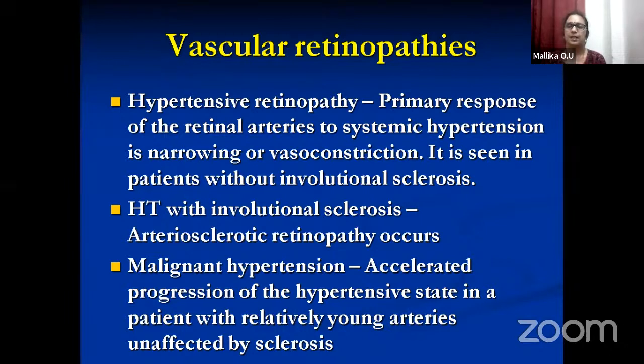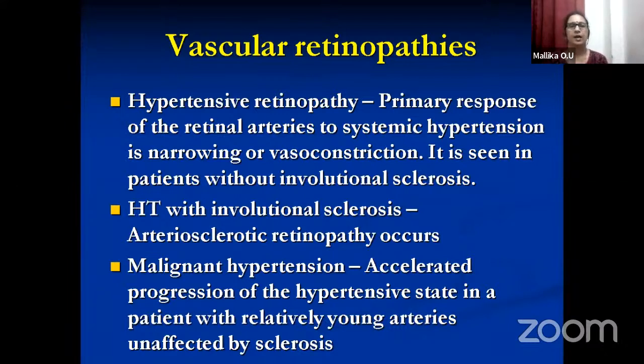In all diabetic patients, it is very, very important to see the fundus, especially in non-insulin dependent diabetes at the time of diagnosis itself. And in IDDM patients, once they attain puberty, you have to see, and depending on the findings, you have to screen the patient or follow up the patient.